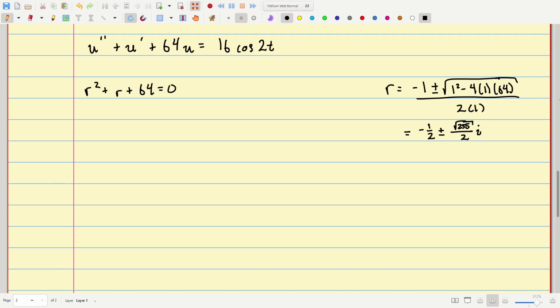Okay. And so our homogeneous solution is going to look like e to the negative t over 2 times the quantity c1 cosine square root of 255 over 2 t plus c2 sine square root of 255 over 2 t.